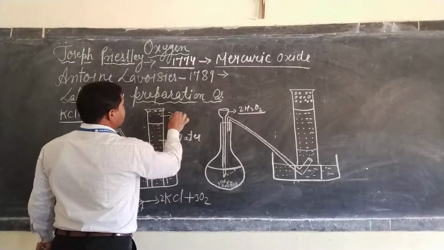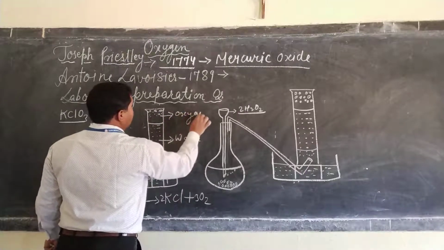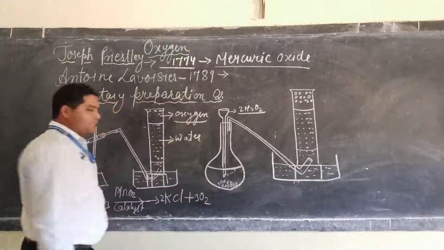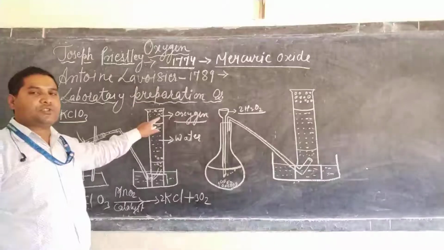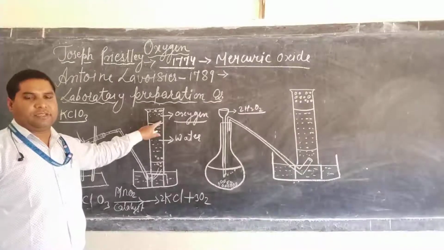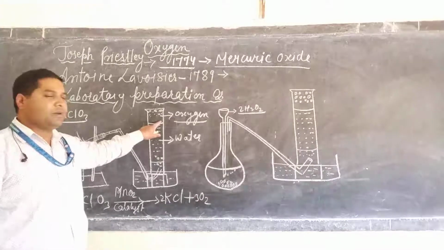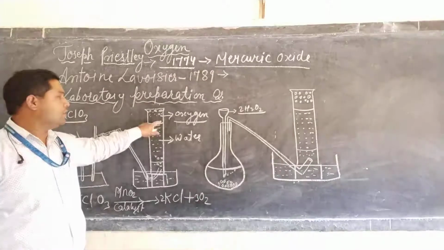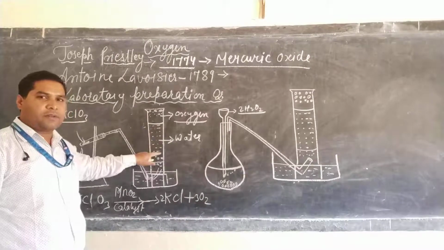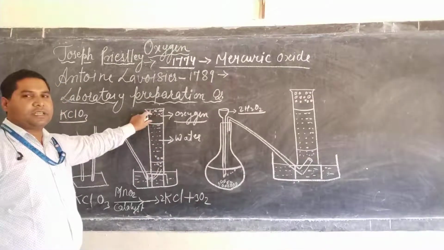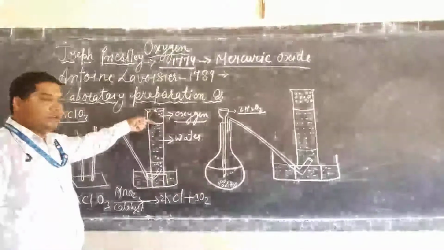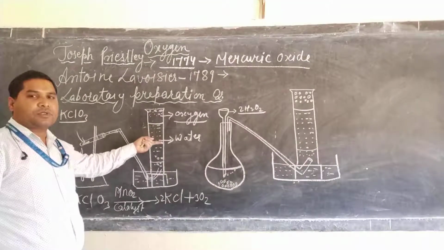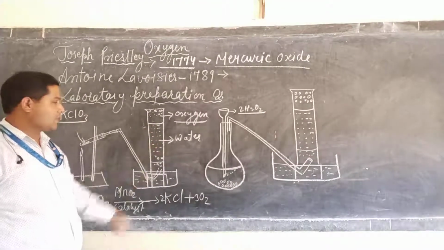Reason behind it? It is slightly soluble in water, 0.7% soluble. Due to that, it displaces the water. As the amount of oxygen increases, the level of the water decreases.